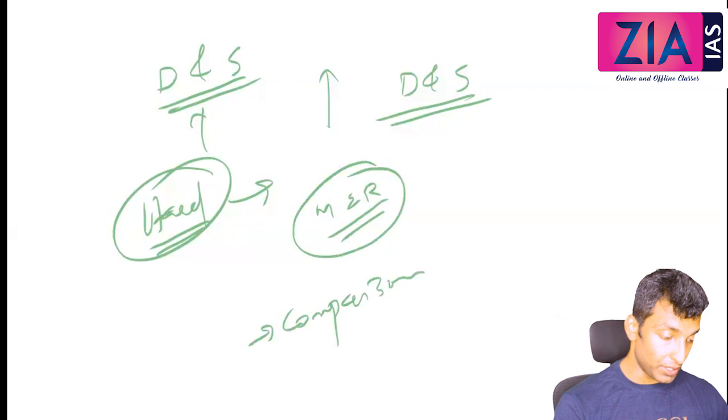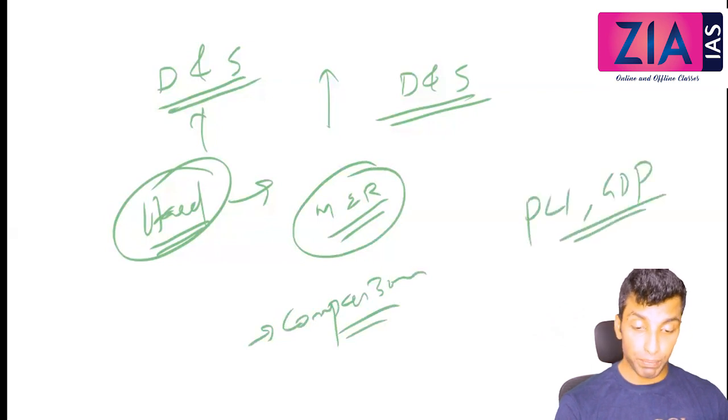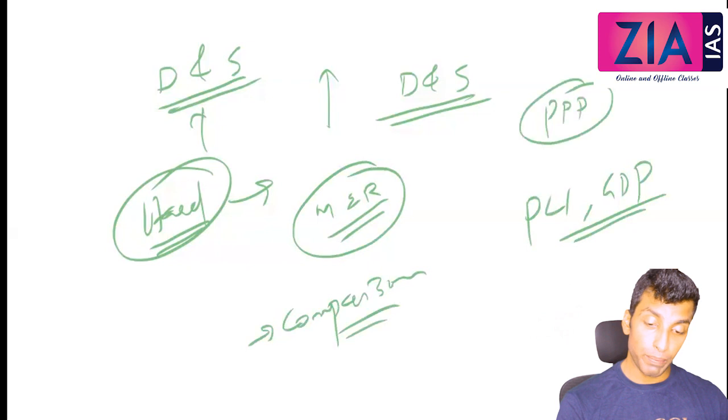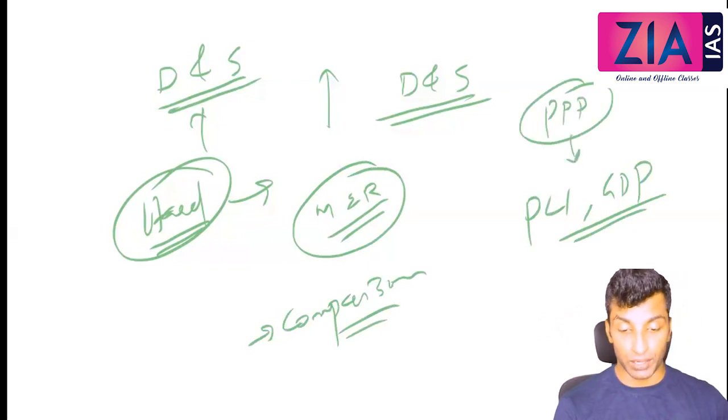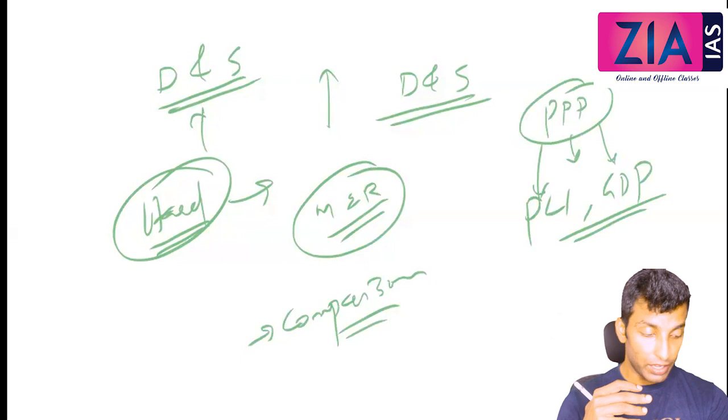Comparing GDP, per capita income, which one is better? PPP is better. Why is PPP better? Because it shows the real worth, the real production, the real income. So you can actually compare the actual production if it is PPP.